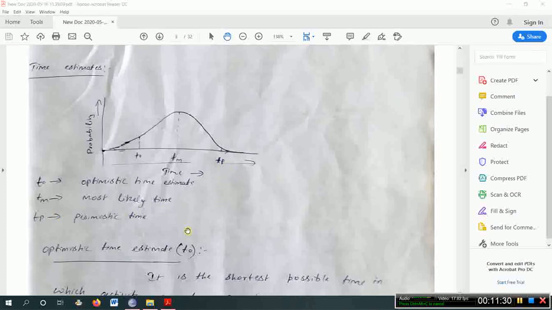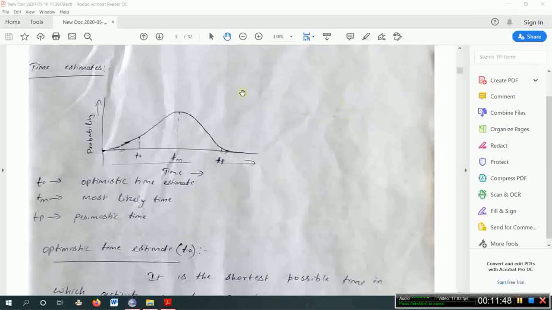Next, pessimistic time is the worst time. If any worker or machine takes more time because of all the delays or other difficulties in that working environment, that also has to be considered.